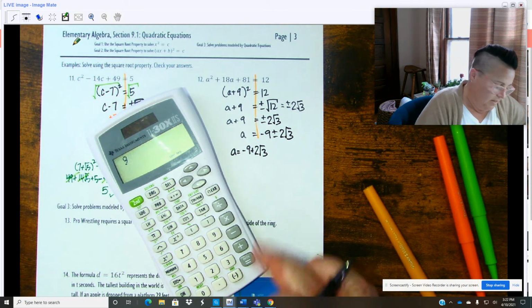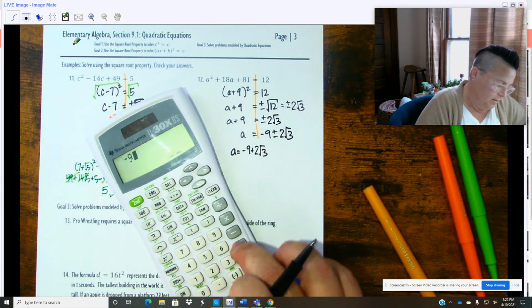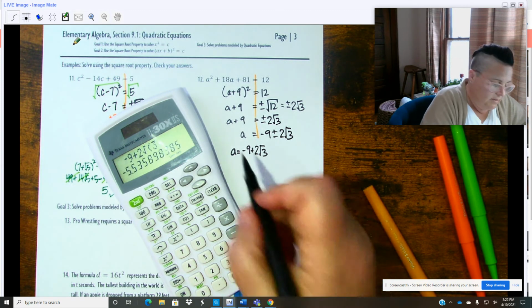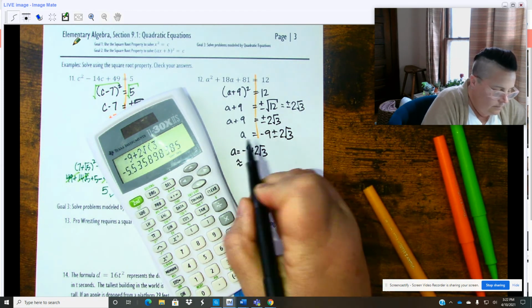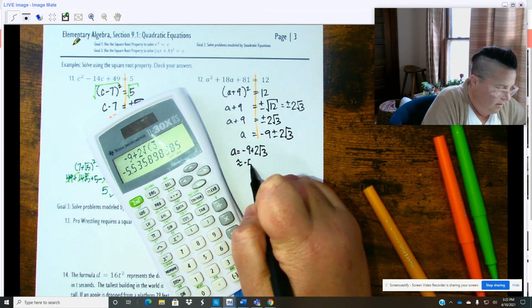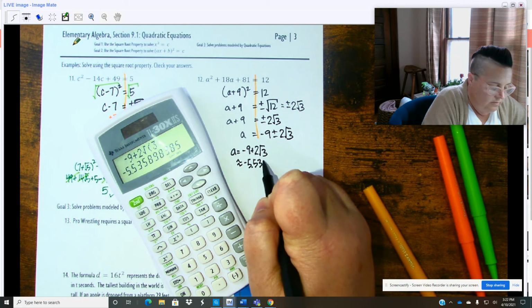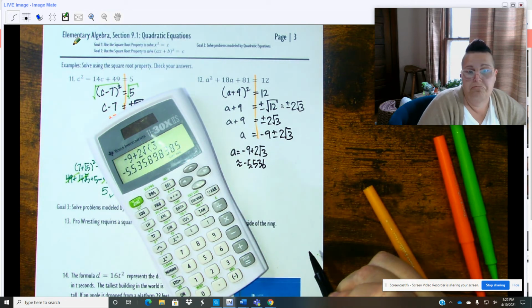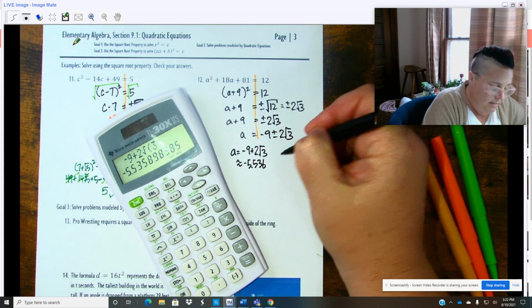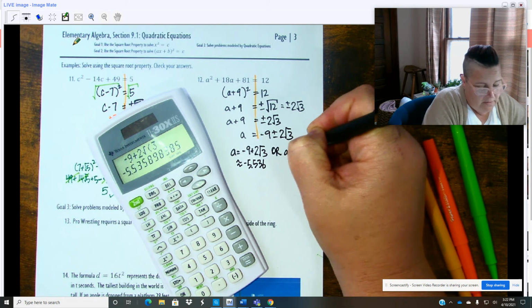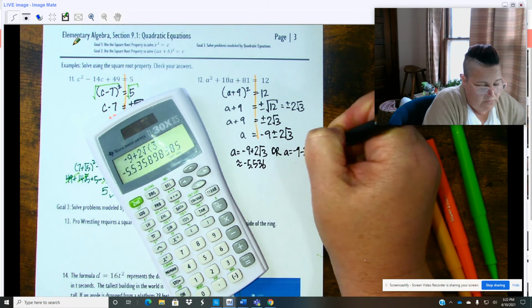All right, I'm going to do negative 9 plus 2 square roots of 3. And that's going to be about negative 5.536. Yep. And a could be negative 9 minus 2 square roots of 3.